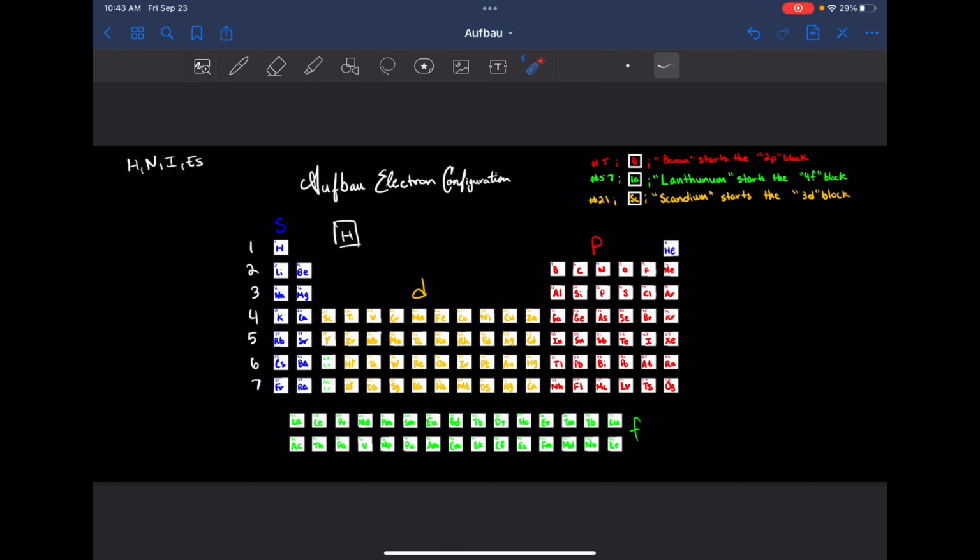So helium would be 1s2. But we're not going to helium, we're going to hydrogen. So 1, S, 1. That's it. For hydrogen it is 1s1.